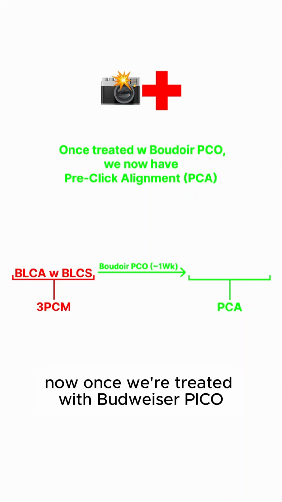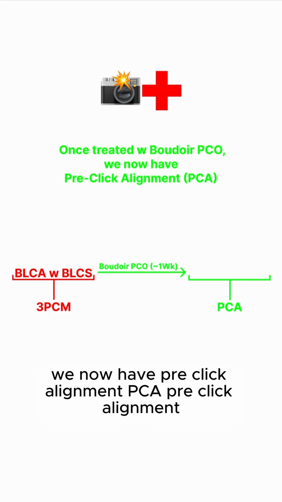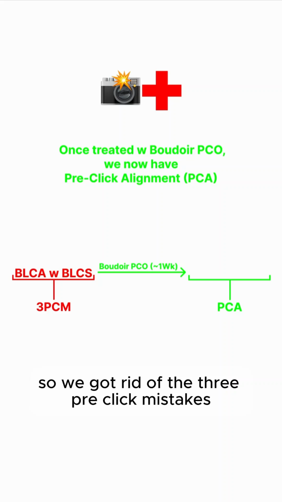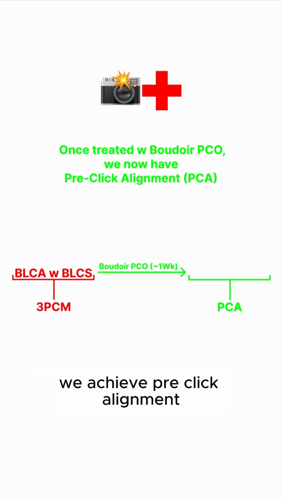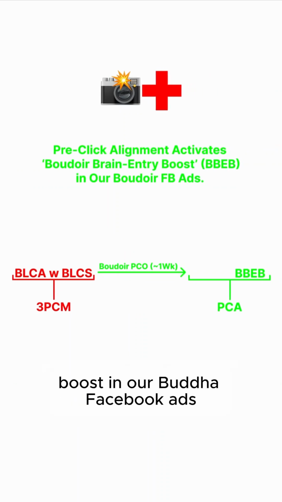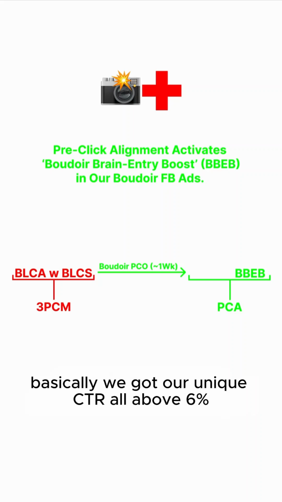Now, once treated with boudoir Pico, we now have pre-click alignment, PCA. So we got rid of the 3 pre-click mistakes. We achieve pre-click alignment. And pre-click alignment activates boudoir brain entry boost in our boudoir Facebook ads. Basically, we got our unique CTR all above 6%.